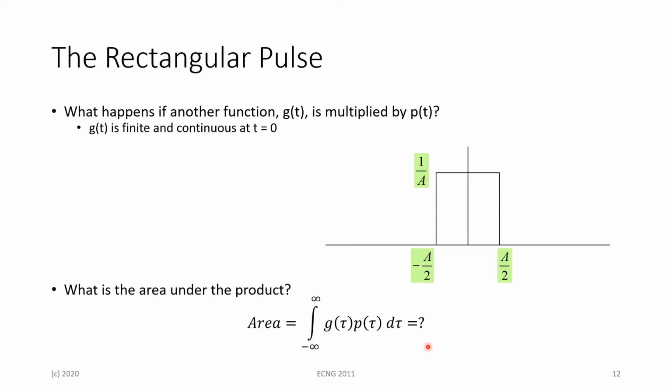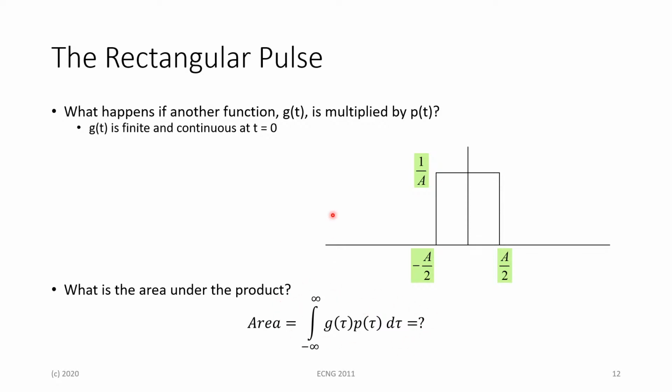The reason for this integral operation is that when we start observing multiplications of signals with respect to the rectangular pulse here, we need to map this mathematically using an integral form.